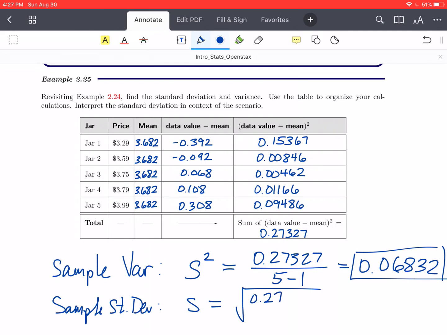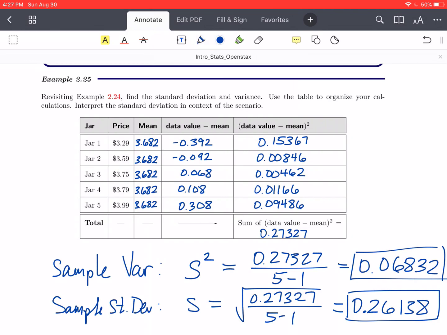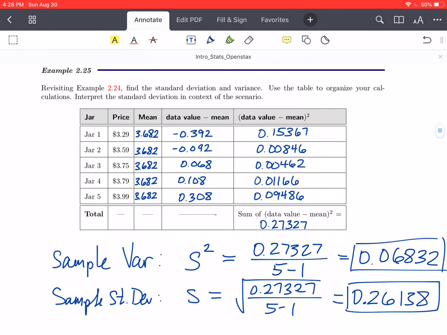The standard deviation is just the square root of that. So the square root of 0.27327 over 5 minus 1 is 0.26138. That tells us that in this example, the standard deviation is 0.26 cents, one standard deviation away from the mean.